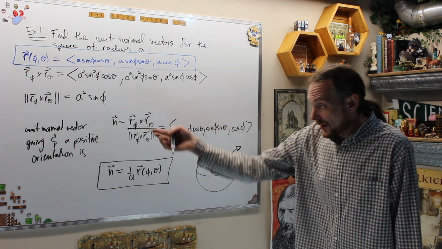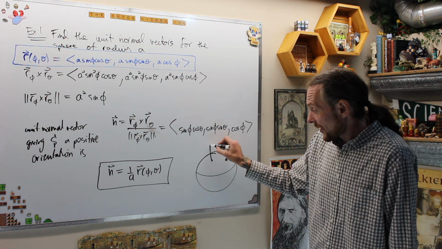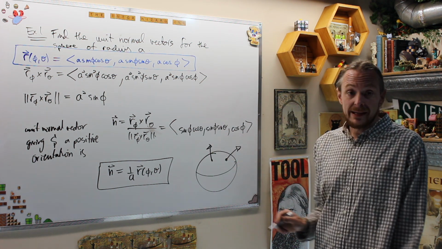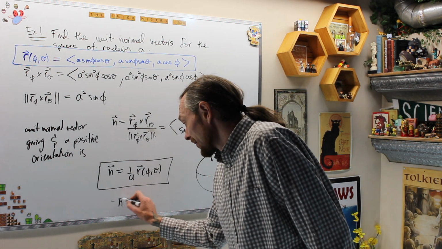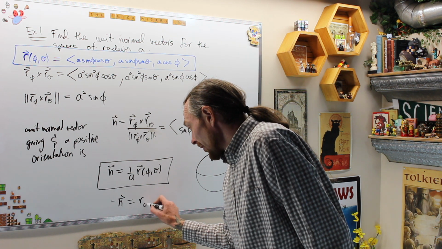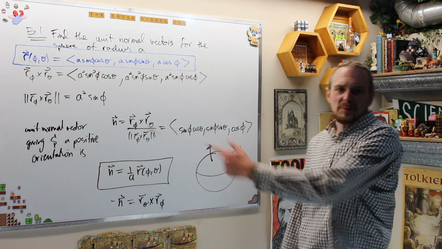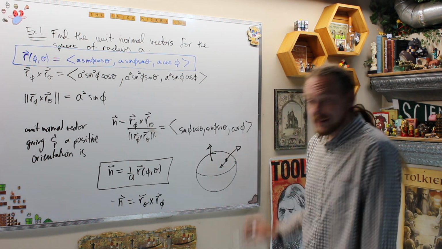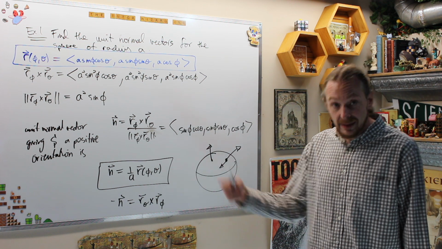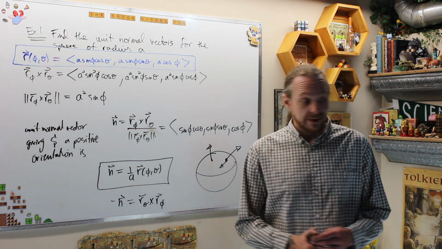For an orientation on a closed surface, we say if all the n vectors point outwards, this is a positive orientation. If you want the negative orientation, negative n is just going to be r theta cross r phi. Because of cross product properties, at that point it will point inwards instead of outwards. Now let's do surface integrals of vector fields over orientated surfaces.